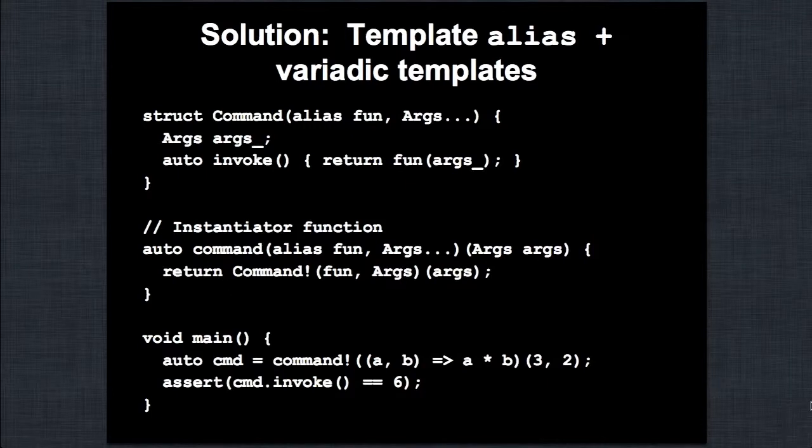And we pass as arguments 3 and 2. So this object gets created. And then when we call the invoke method, of course we get 6 because at least last time I checked, 3 times 2 equals 6. Anyone want to double check that for me? So this is the compile time command pattern.